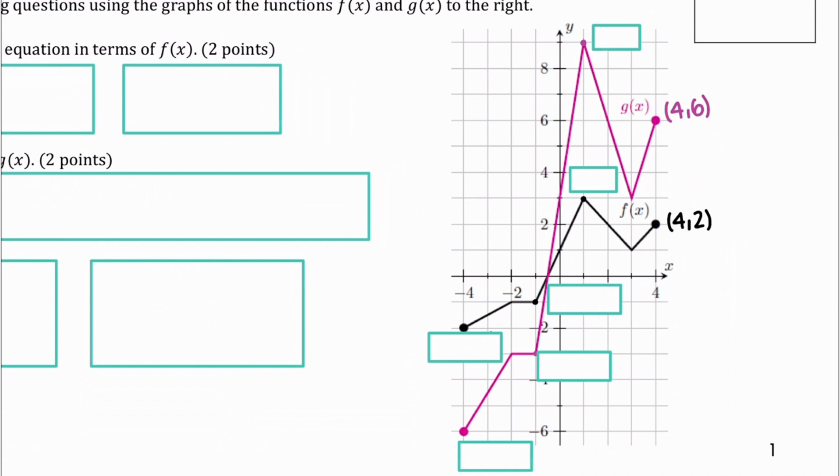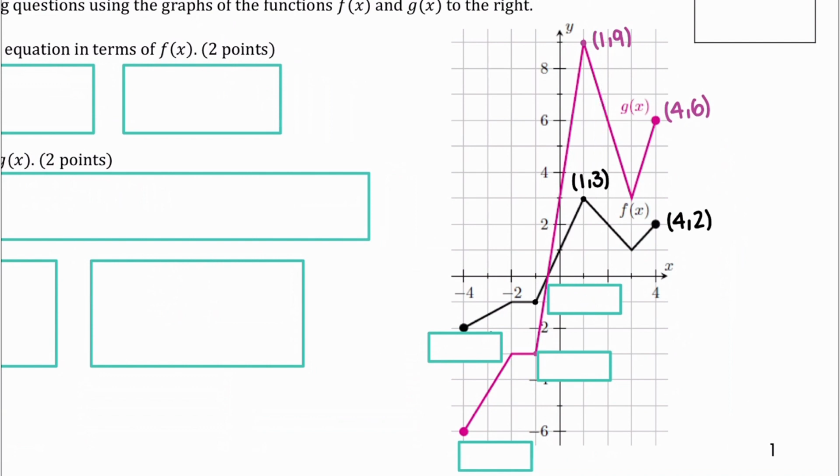So far we see that the x values stay the same, and then the y values seem to be multiplying by 3. Let's see if that's true for the other ones. Let's look at these 2 points. In the original we have (1, 3), but in the new one for g of x we have (1, 9). It seems like it's true so far.